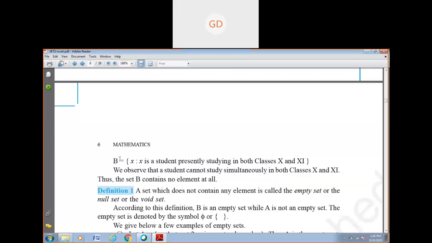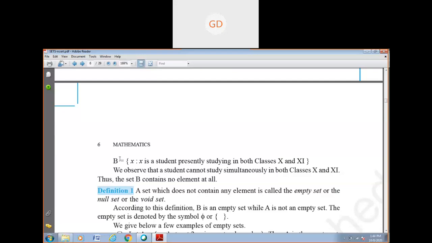If I say the collection of natural numbers x such that x is a natural number between 0 and 1, or 1 and 2, or 2 and 3, whatever. Here the definition is very clear.